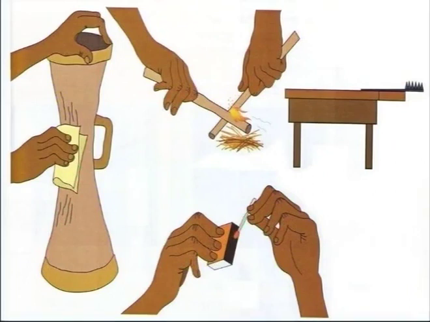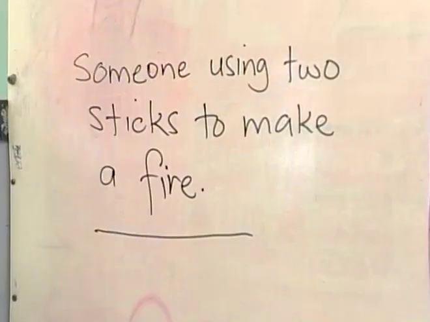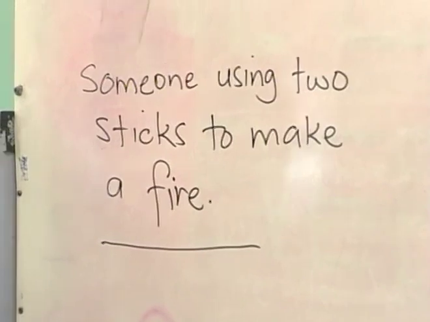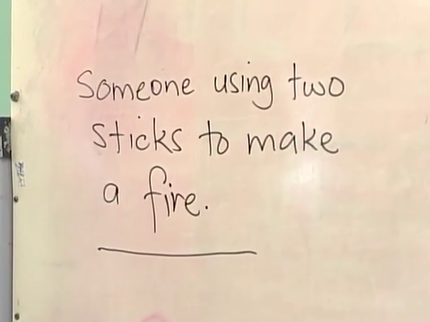Now, let's see this. Someone using two sticks to make a fire. How does friction occur there? What occurs in there?